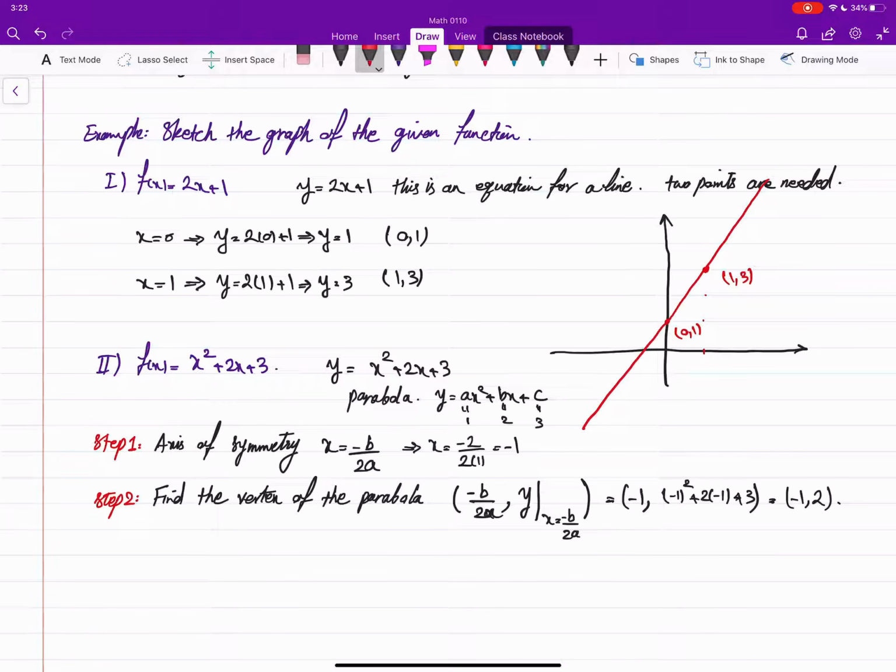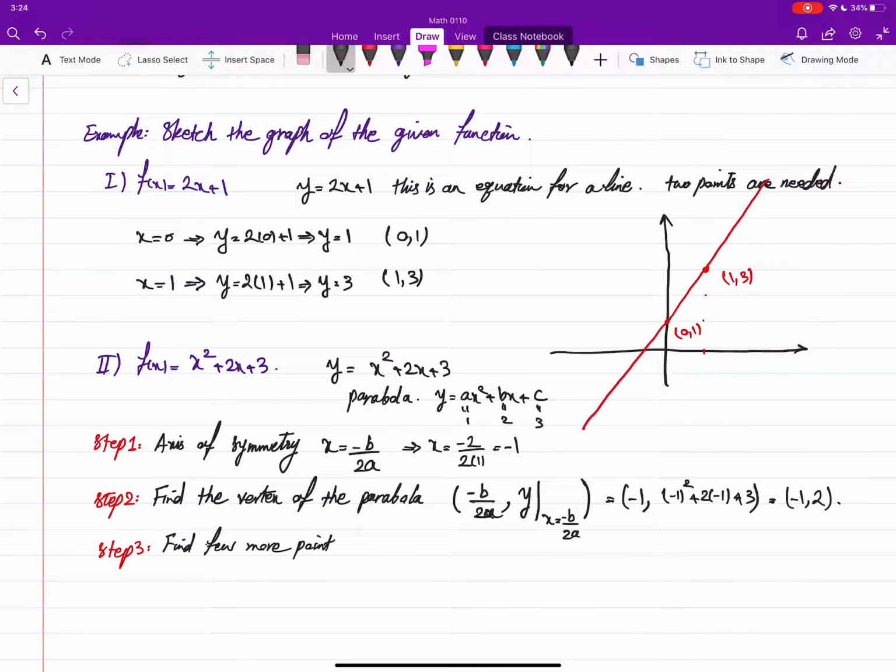Step 3 is that you find a few more points, just to give you a good idea how to place your parabola.